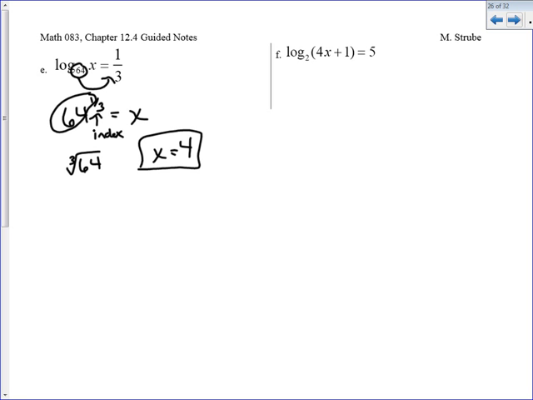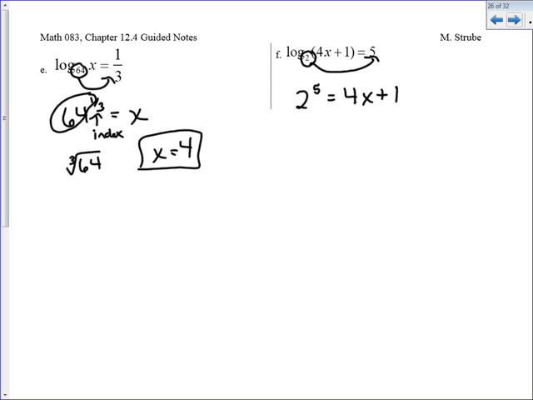And then finally for F, just a little bit more going on, but it's the same process. Take our base, which is 2. I'm going to raise it to the power 5, and that equals 4x plus 1. Where do you think we're going to have to start for the solving here? 2 to the 5th.